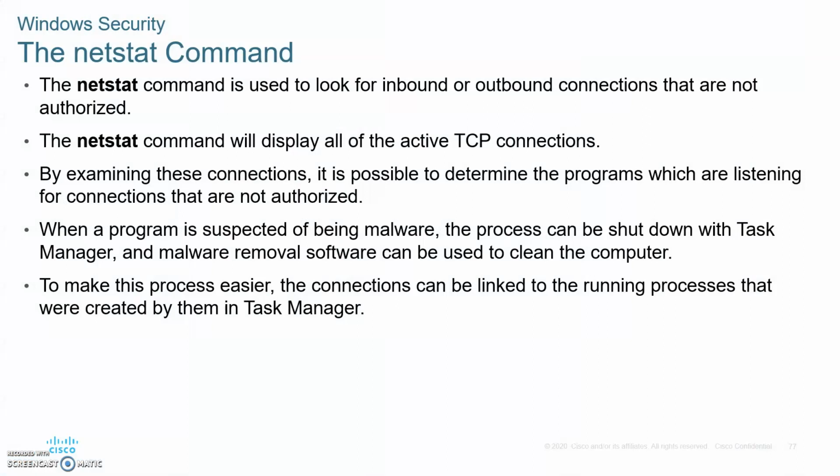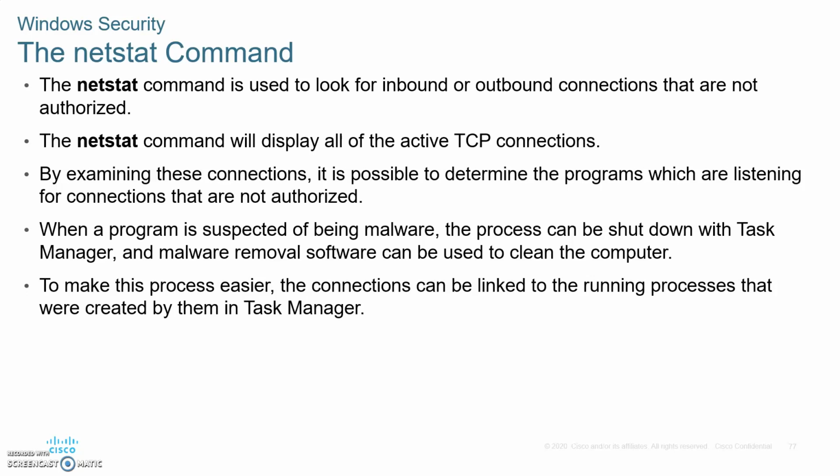Okay, now let's take a look at Windows security. The Netstat command is used to look for inbound and outbound connections that are not authorized. This is going to tell you, you're scanning to see if there's any ports that are open. A port is an application endpoint, and each application, such as email, for example, has port number 25.